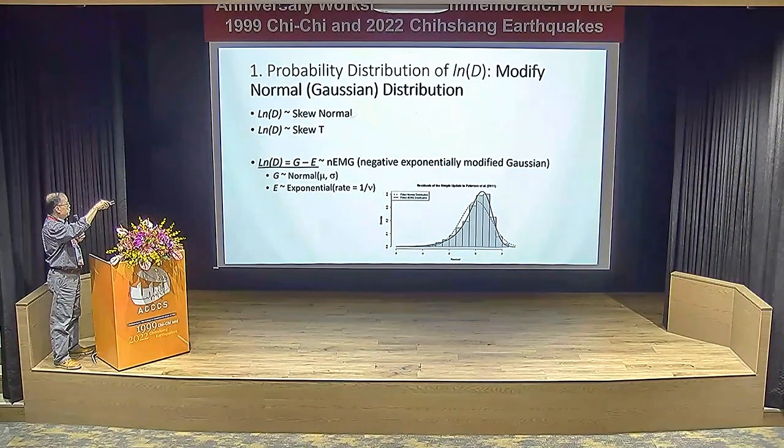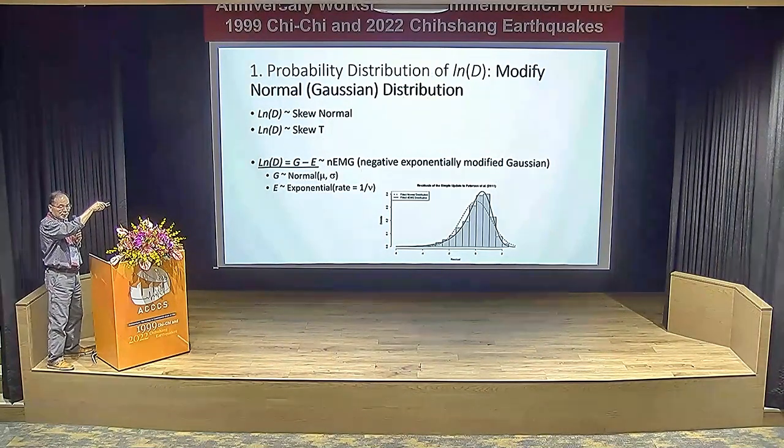There's a lot of literature about how to do that, and one of the distributions is called skew normal. It includes a third parameter, in addition to the mean and standard deviation, that regulates the skewness of the distribution. We tried that, and we also tried the skew-t distribution.